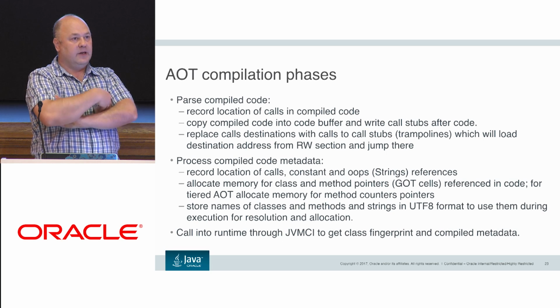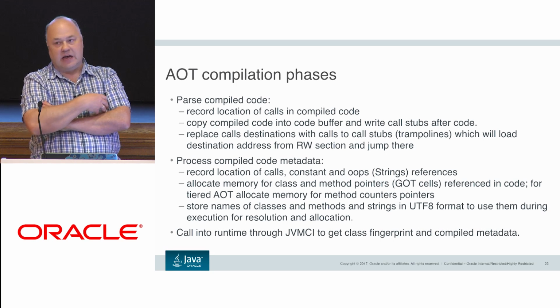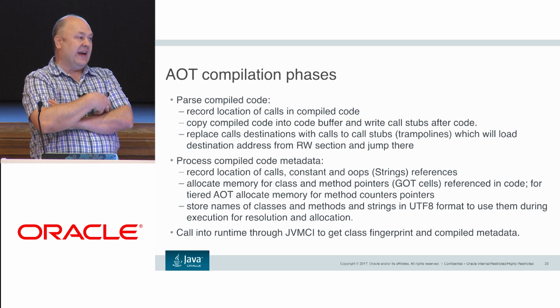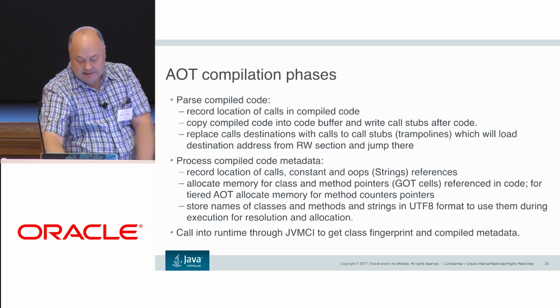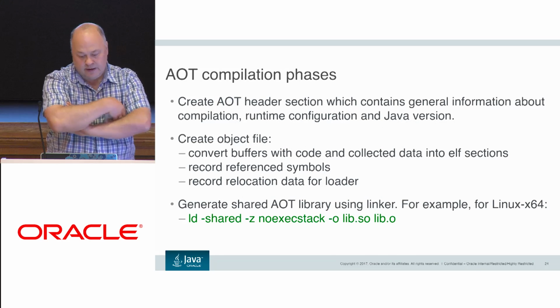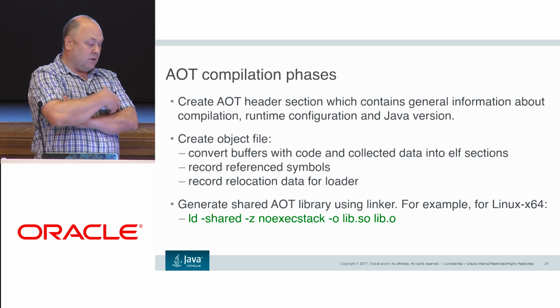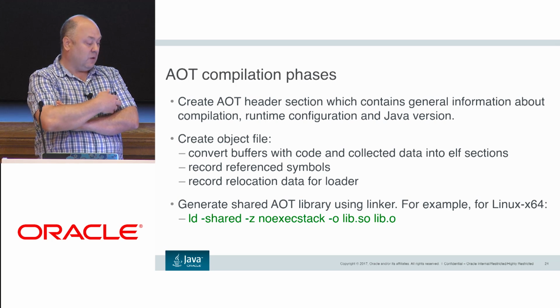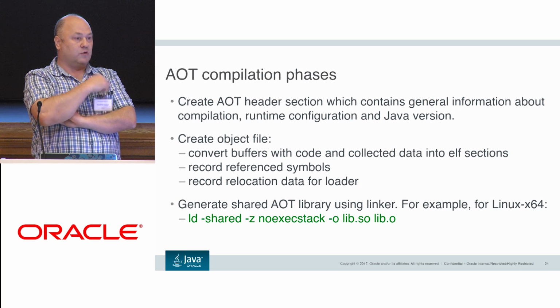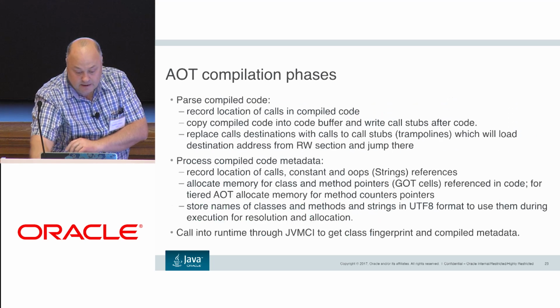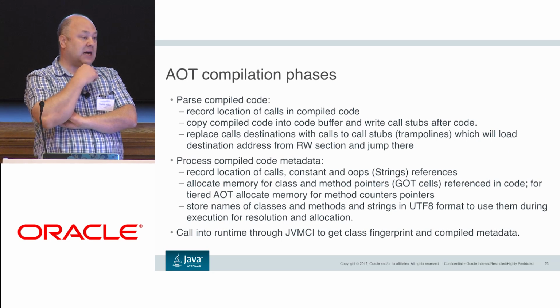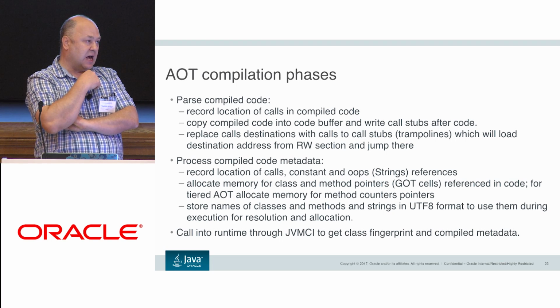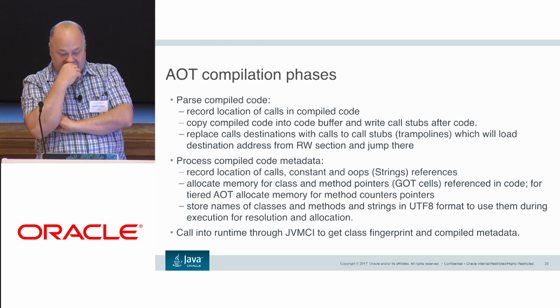We store names of classes, methods, and strings in UTF-8 format in AOT library, and these names are used during class resolution, method resolution, and also string allocation. After we modified code and collected all data, we also call to runtime to get fingerprints and metadata about methods.